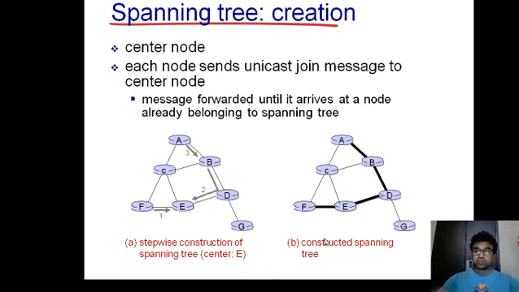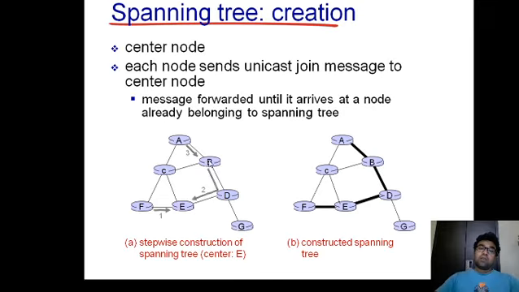Now let's suppose A has to unicast the information to E. Then A finds this path is the best suited path, or the shortest path with the help of distance vector routing algorithm, to reach this particular node, and A finds B, and B already has a branch of spanning tree.